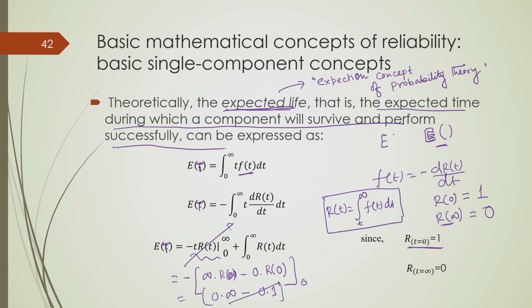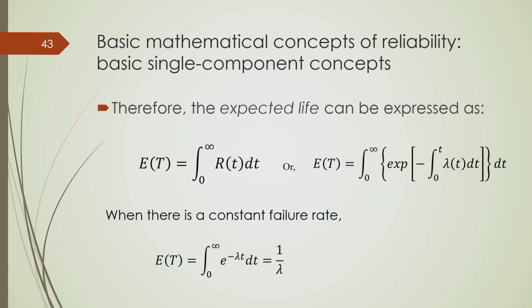So, this part will be 0. So, ultimately we get E[T], that means the expected value of T, is equal to the integral from 0 to infinity of R(t) dt. This we get. Okay. Now, this is the right one.